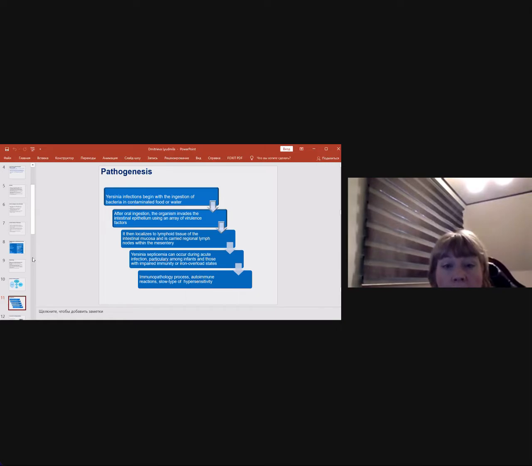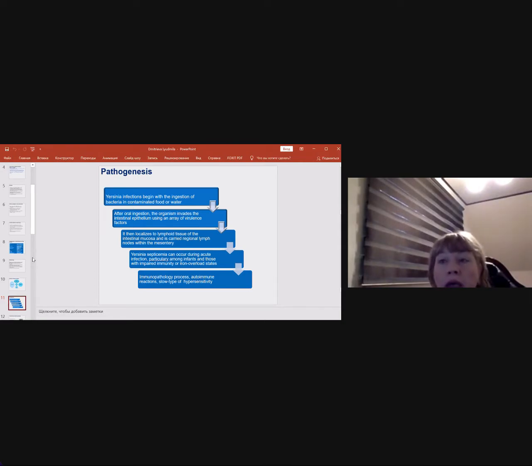Yersinia species, and the next step, it then localizes to lymphoid tissue in the intestinal mucosa and is carried to regional lymph nodes within the mesentery. You know about Peyer's patches.